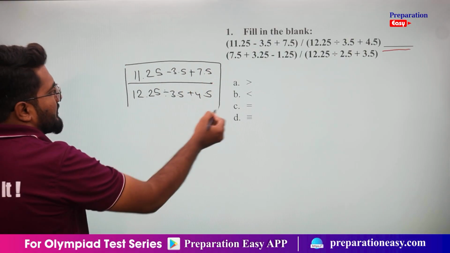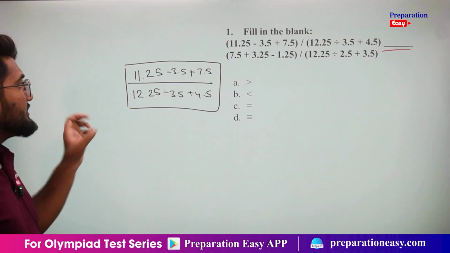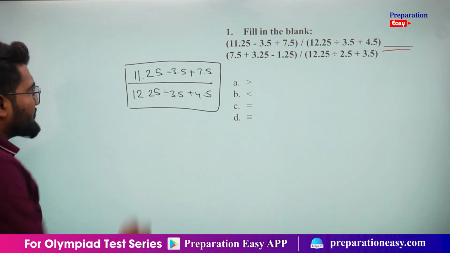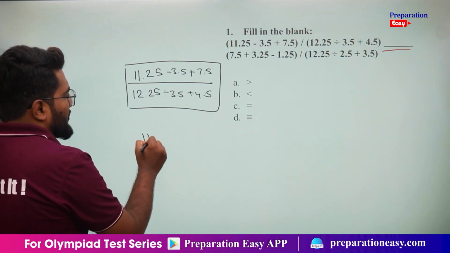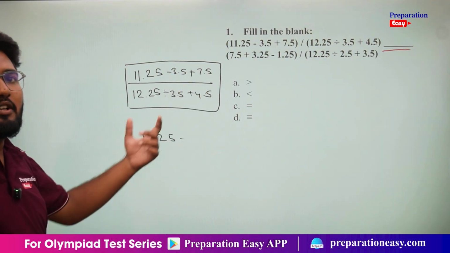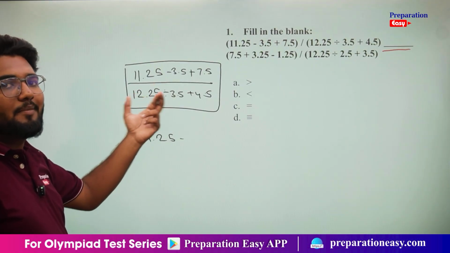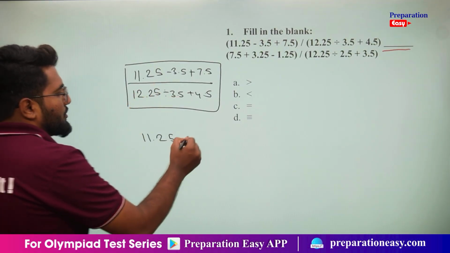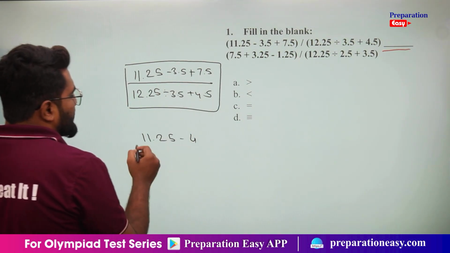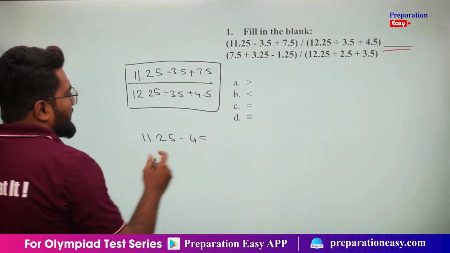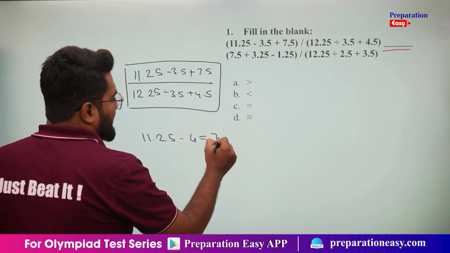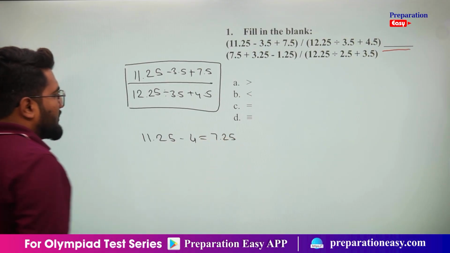So this is our first section. I will separate out the numerator and denominator, solve them and then divide. So 11.25 minus 3.5 plus 7.5. 7.5 minus 3.5 becomes 4. So 11.25 minus 4 becomes 7.25.